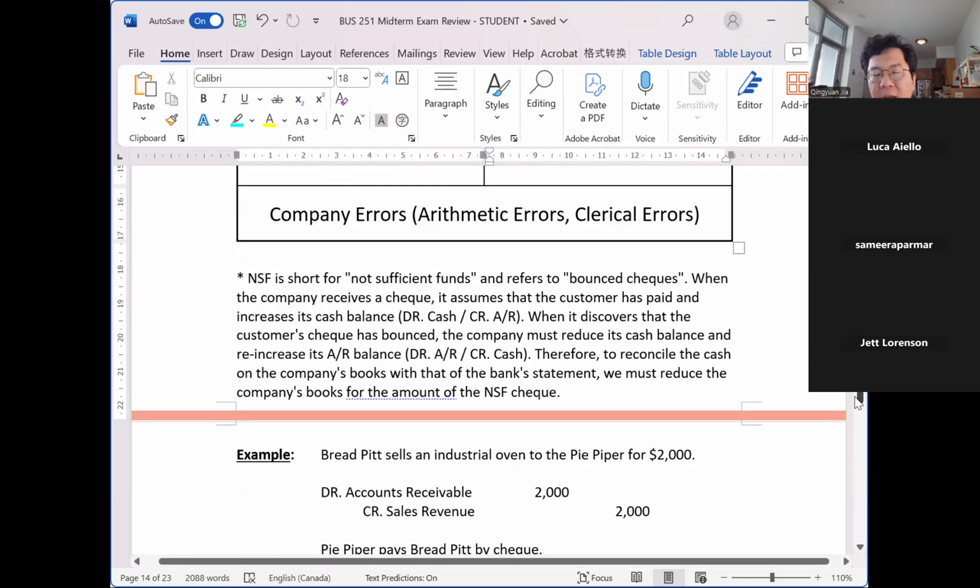So the adjusting journal entry will be debiting account receivable and crediting cash. Therefore, to reconcile the cash on the company's books with that of the bank's statement, we must reduce the company's book balance by the amount of the NSF check.